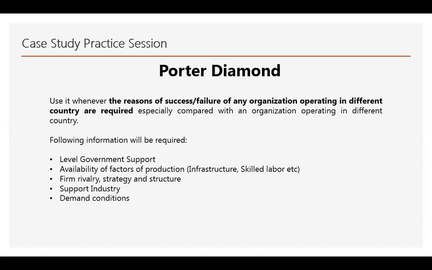And then comes the demand conditions. When we talk about demand conditions, we talk about the sophistication involved when it comes to the type of customers that you are dealing with.